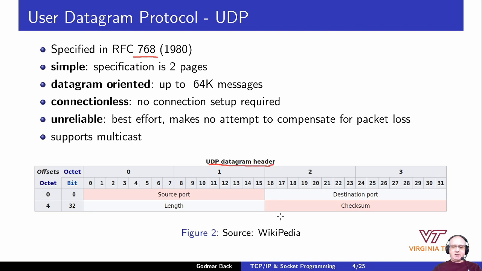That is the part that is added by the UDP protocol at layer 4. So this shows those parts that are necessary to address applications. In this case, the destination port and the source port. It also stores the length of the packet, and it stores a simple checksum, the so-called internet checksum.